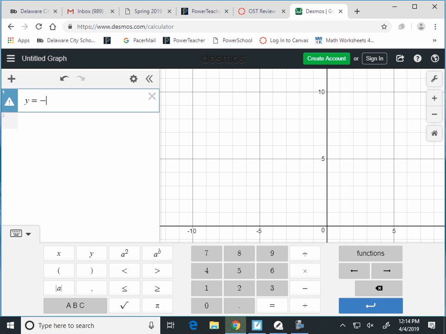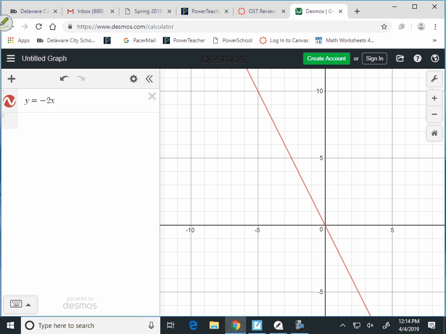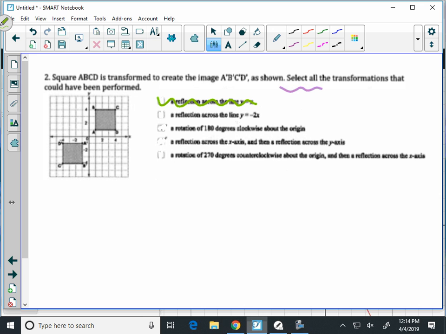Just look for those nice corner points and copy them on your grid. So it was here, here, here, and here. And connect. Well, does that kind of look like it could flip and match? Possibly. Let's try. Let's reflect it.